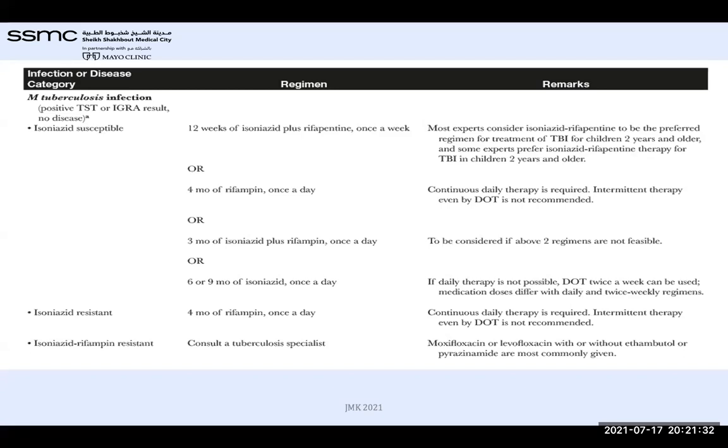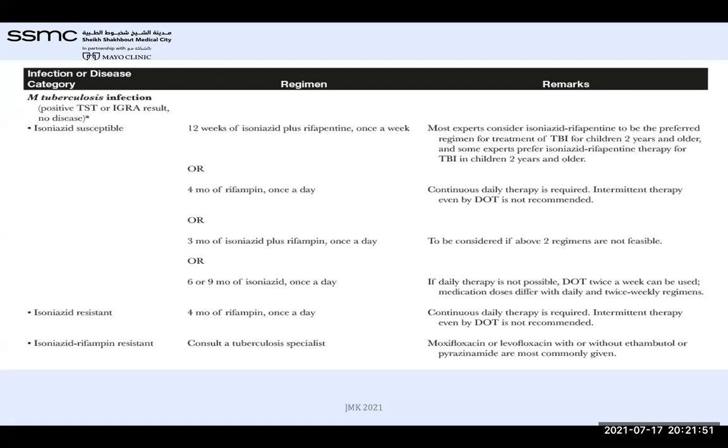Let's say you have INH-resistant tuberculosis, then you should use 4 months of rifampin once a day, and rifampin is easily available in Pakistan. If the baby has INH and rifampin resistant disease, then consult a tuberculosis specialist.